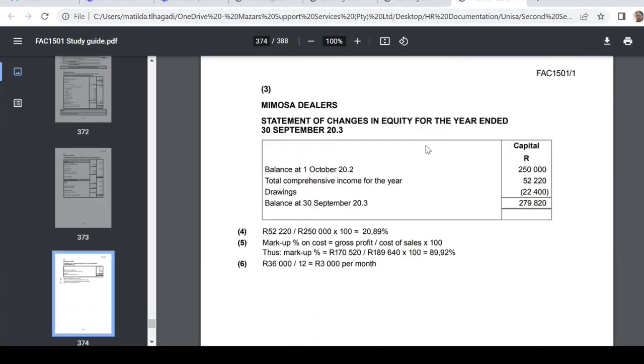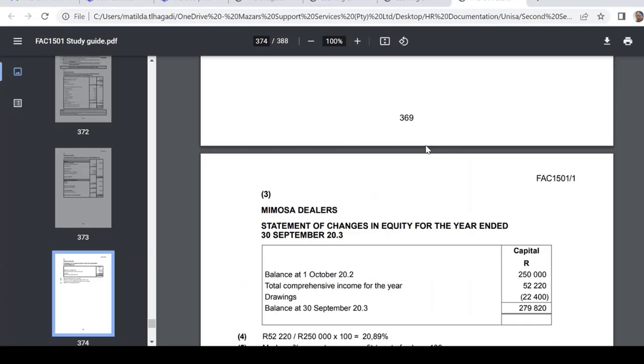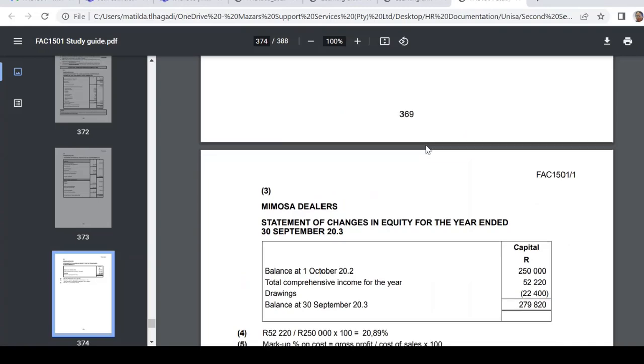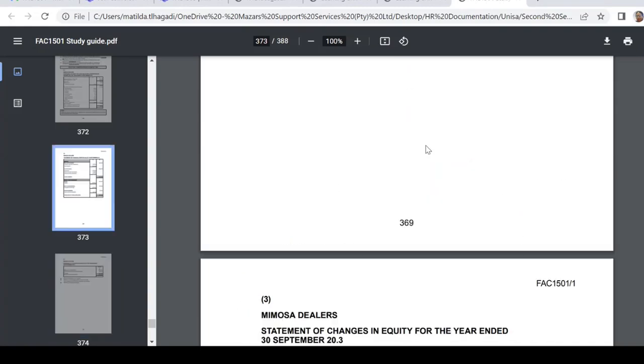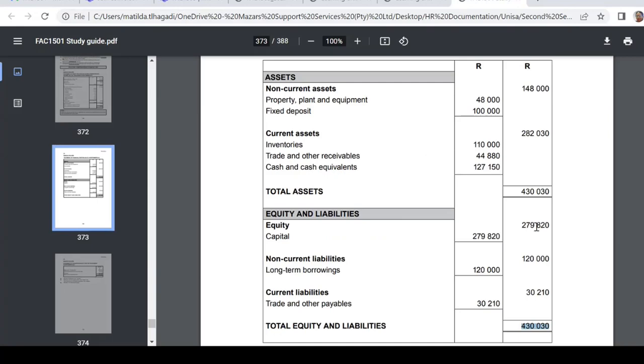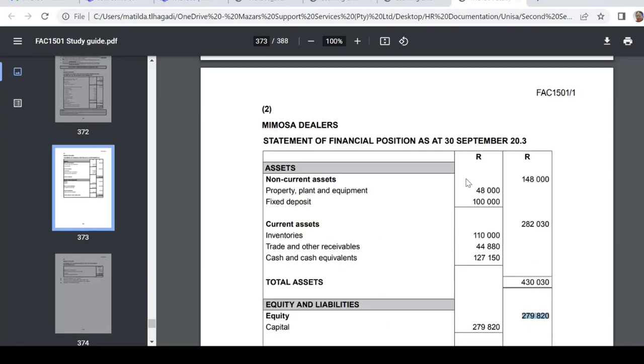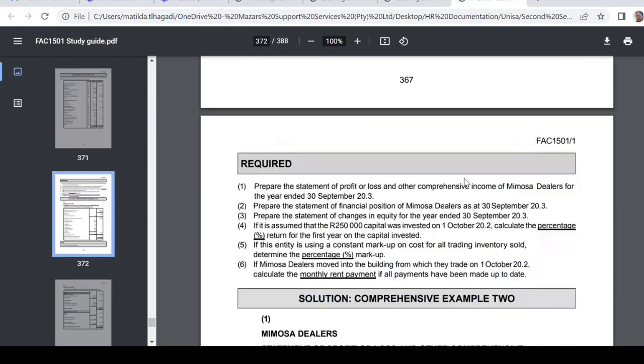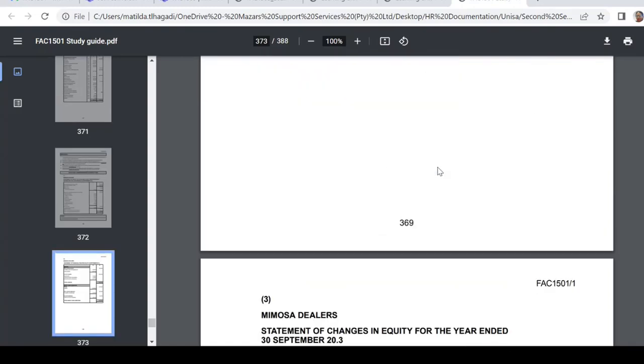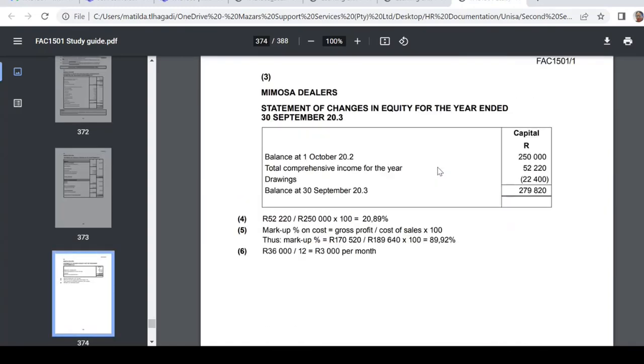So let's just look at the statement of changes in equity. Oh, so the statement of changes in equity is what we just did. Can you look at number 3? Prepare a statement of changes in equity for the year ended 30 September, which is what?